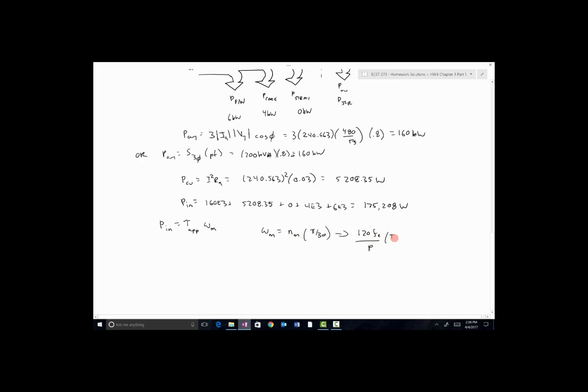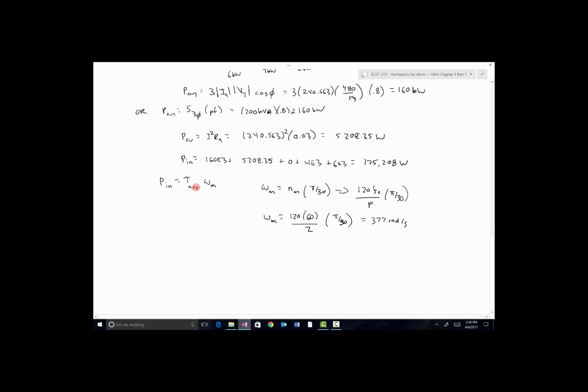And then we just multiply that by pi over 30. That gives us the angular rate of rotation in radians per second. So for this problem, we get 120 times 60 hertz. It was a 2-pole generator. And then we have our conversion from RPM to radians per second, times pi over 30. And that gives us about 377 radians per second.